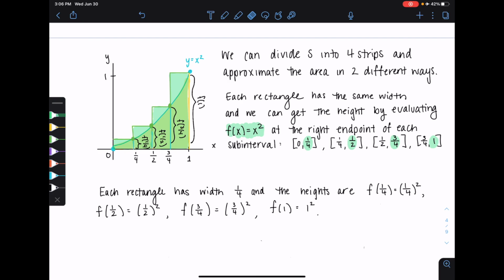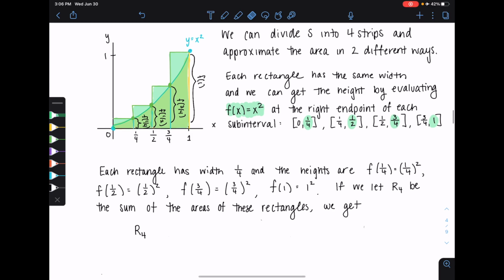So the notation we're going to use to indicate that I used a right endpoint with 4 subintervals is going to be R4. And so ultimately, my approximation then is my width of my first rectangle, which is 1/4, times the height, which is my function evaluated at 1/4.